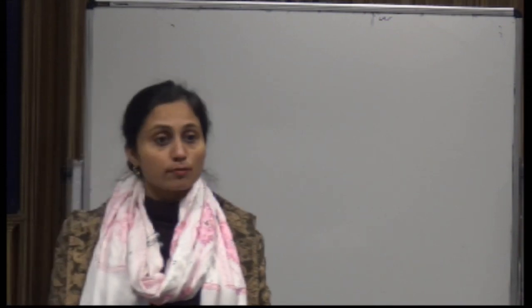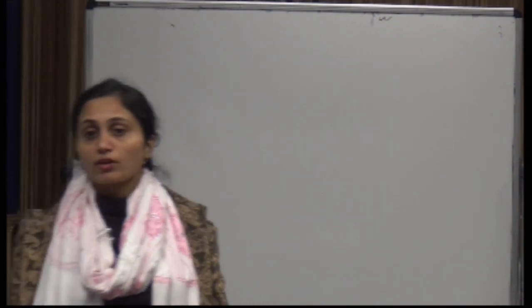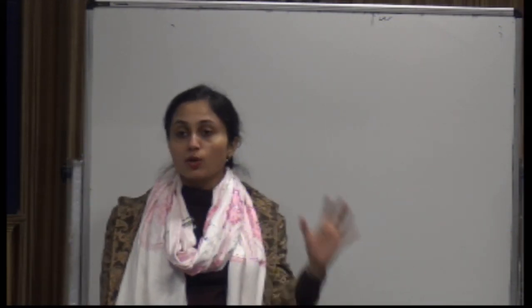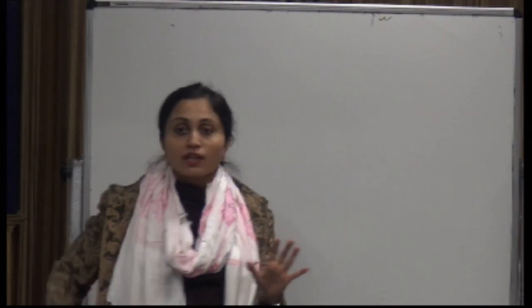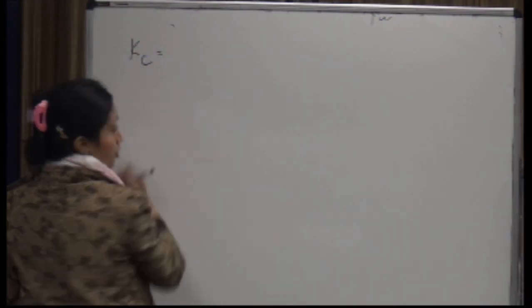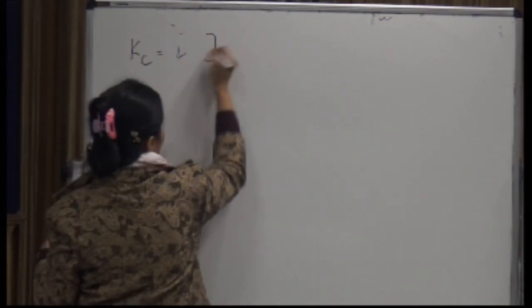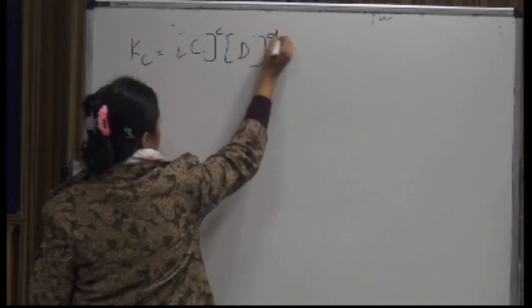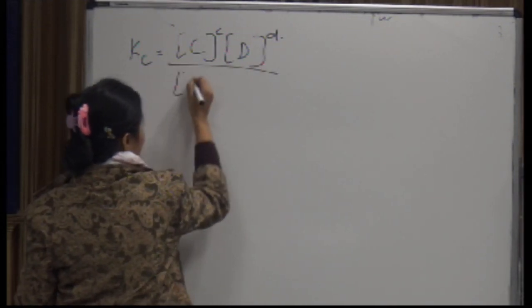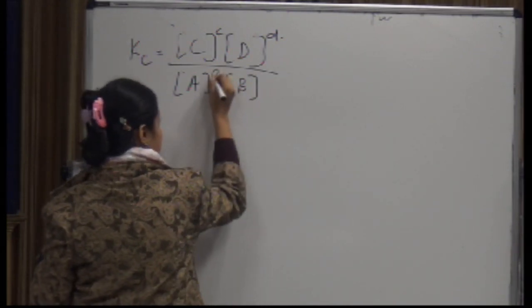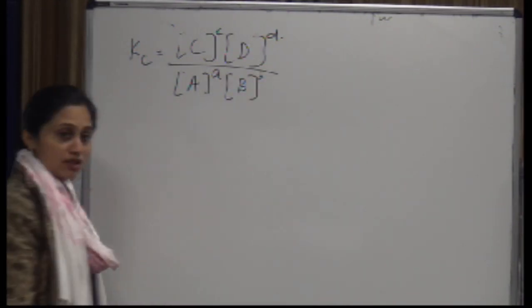Now when we write the balanced chemical reaction, the law that defines your Kc is the law of chemical equilibrium, where essentially Kc is equal to the product of the concentrations of the products, each raised to their respective stoichiometric coefficient, upon the product of the concentrations of the reactants, each raised to their respective stoichiometric coefficient.